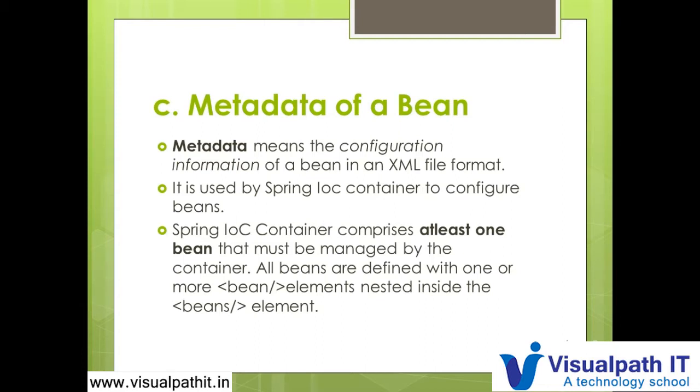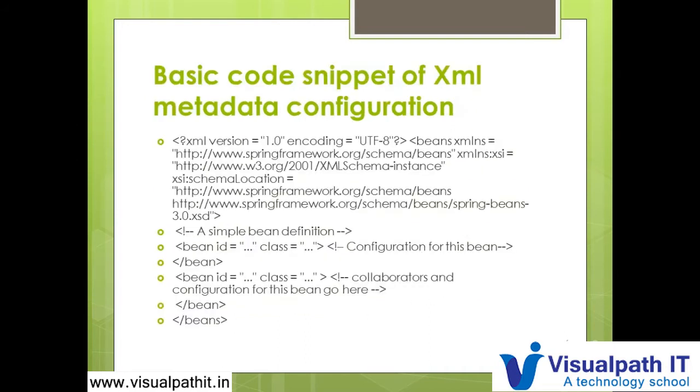The Spring IoC container will contain at least one bean or nested beans, all enclosed within the beans element's left and right brackets. Within that we have the bean element. It is completely managed by the Spring IoC container, and it will have at least one bean.